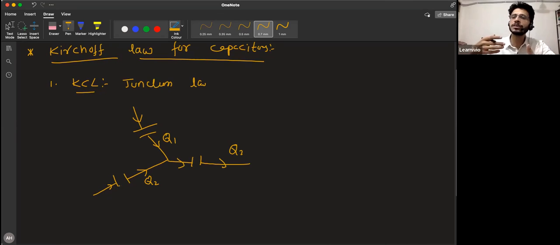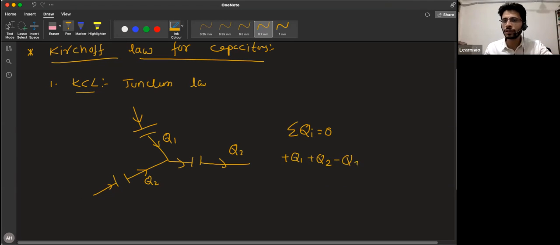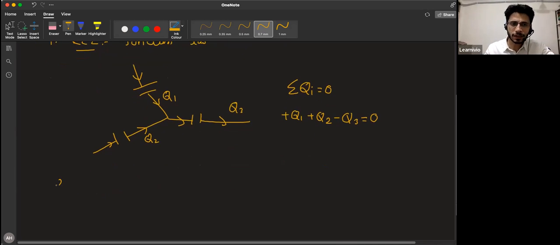Here it says the algebraic sum of all the charges at the junction is 0. Charges entering the junction are positive and charges leaving the junction are negative. Q1 is entering, so I consider Q1 as positive. Q2 is entering, so positive. But Q3 is leaving the junction, so I consider Q3 as negative. That's the first law.